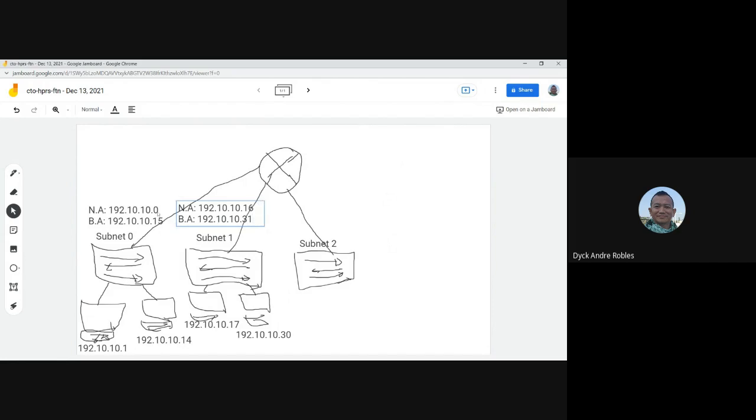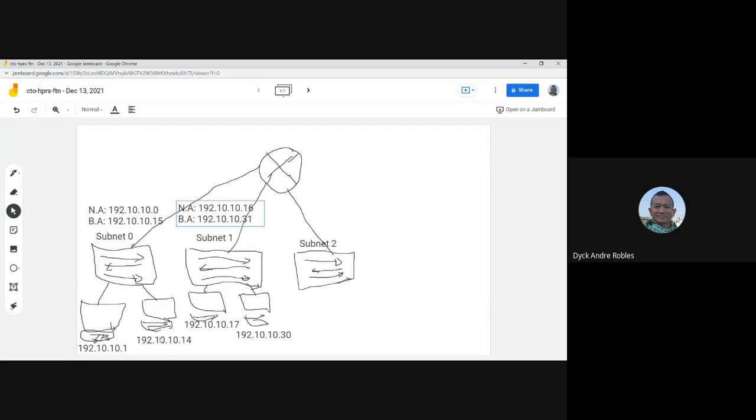Try to observe: the network address is always an even number. 16 is an even number. The broadcast address is always an odd number. So if your answer comes out even, your computation is wrong. Inside, the first usable IP is always odd and the last usable IP is always even.